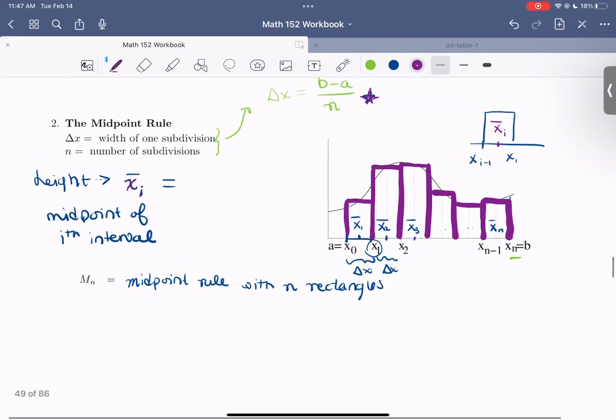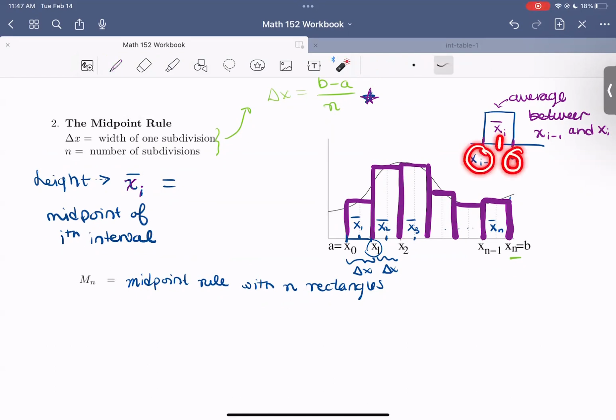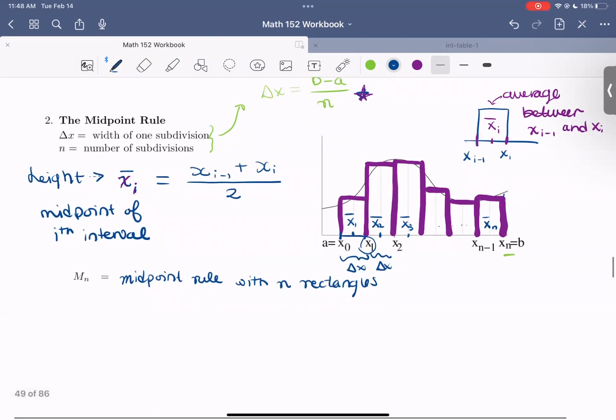We should think of computing x sub i bar as computing the average between x sub i minus 1 and x sub i, because the average of these two numbers is going to be the number in between. You might have seen this before: you add up your numbers. So x sub i minus 1 plus x sub i, divided by 2. This is going to be that midpoint.